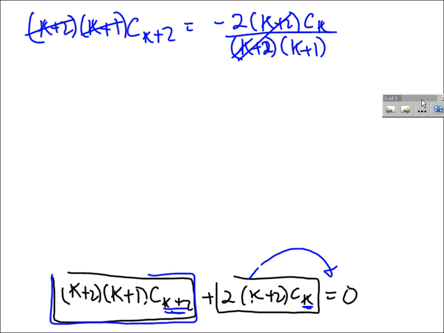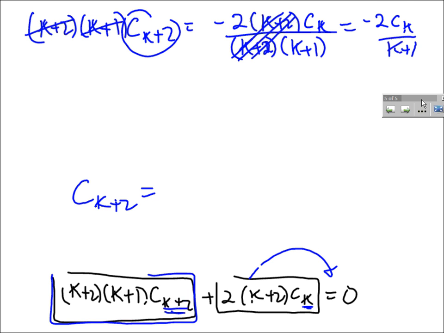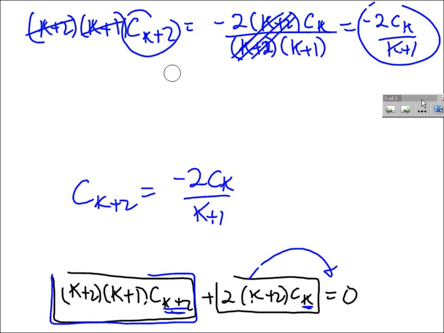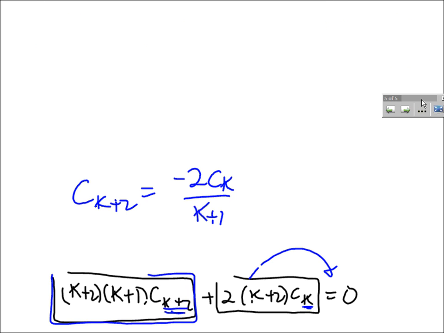And coincidentally, this cancels out. So again, negative 2 c sub k over k plus 1. So let me write that down here. This is equal to negative 2 c sub k over k plus 1. That's utmost important. Gotta be able to get there.